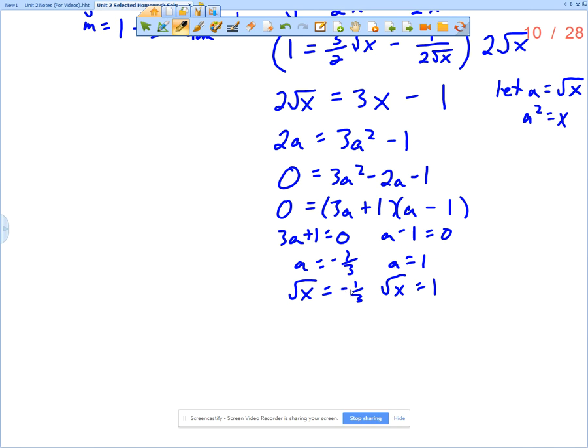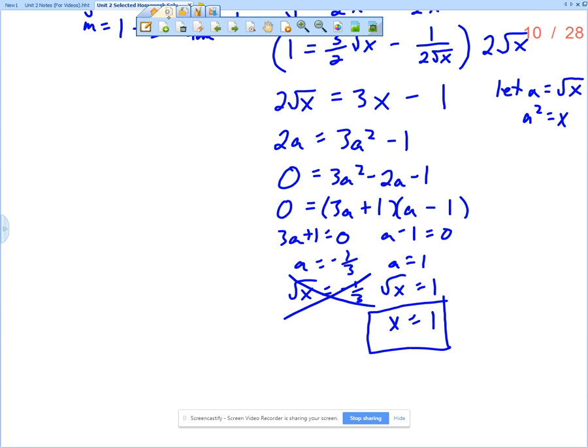So this does not contribute a solution. But root x could be positive 1, and so x equals 1 if we square both sides. So x equals 1 is the x coordinate where the tangent line is parallel to y equals x plus 3.